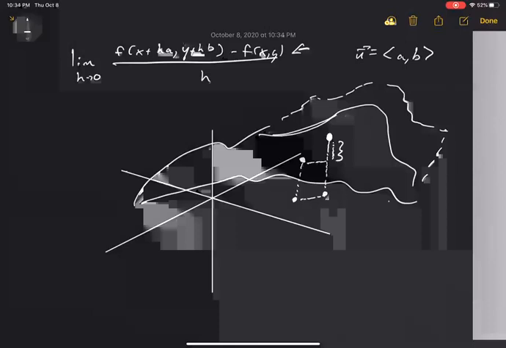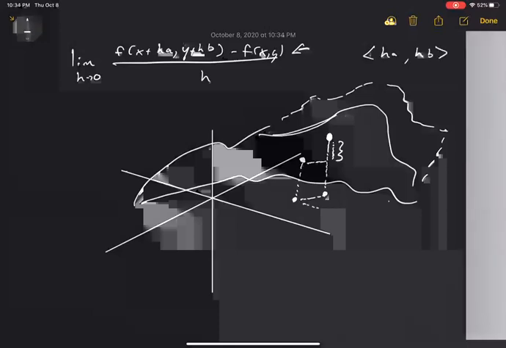I'm multiplying that vector by h to get ha, hb. So really I'm moving ha units in the x direction, and hb units in the y direction.